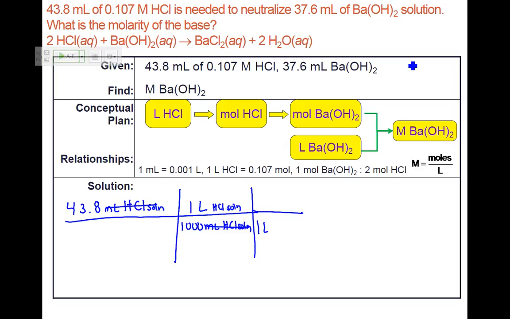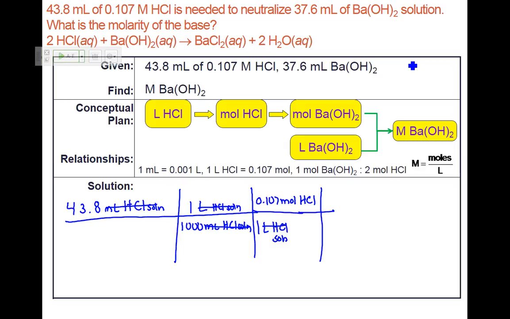So my 1 liter HCl solution goes at the bottom, so it cancels out. And my mole HCl goes on the top. So now I know how many moles of HCl I had in that 43.8 milliliters.